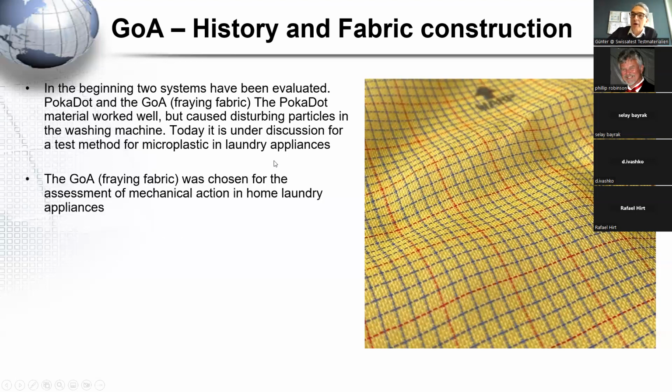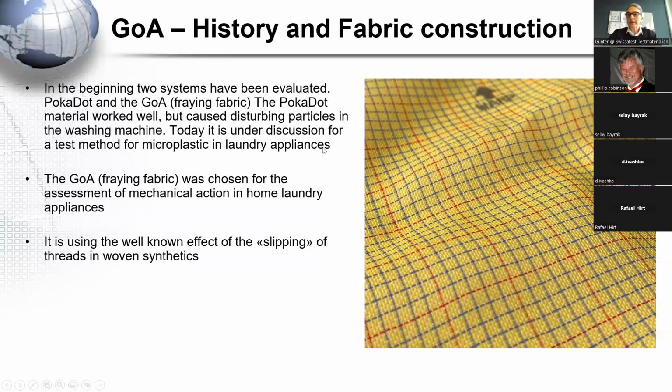So the GoA fabric, the fraying fabric, was chosen for the assessment of the mechanical action in home laundry appliances. The fabric uses a very well-known effect of the slipping of the thread in woven synthetics.